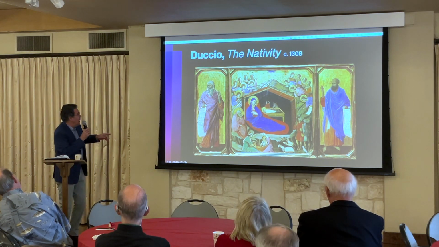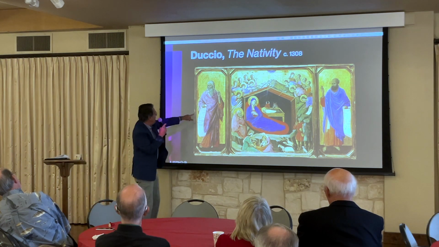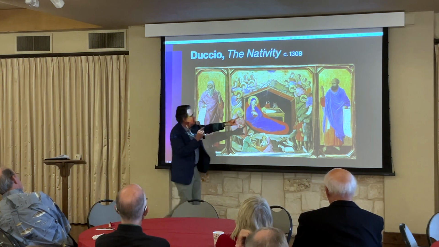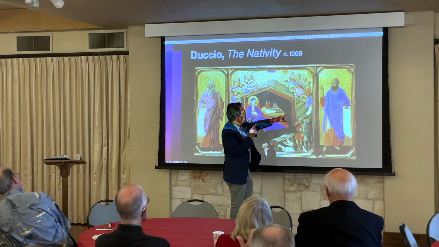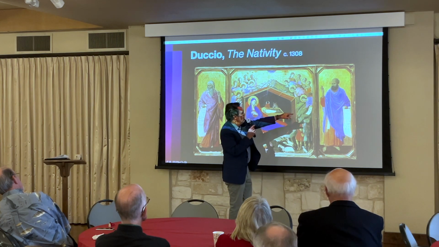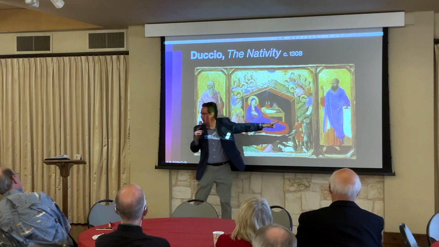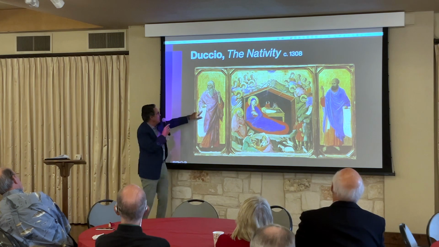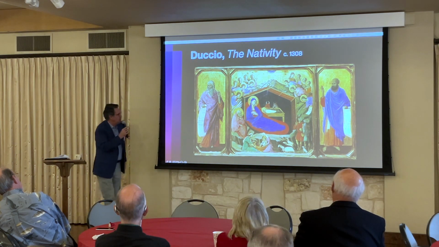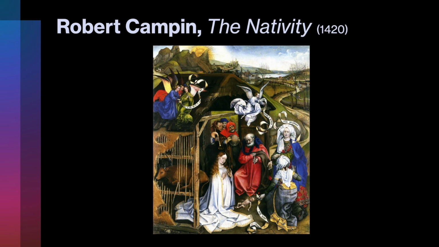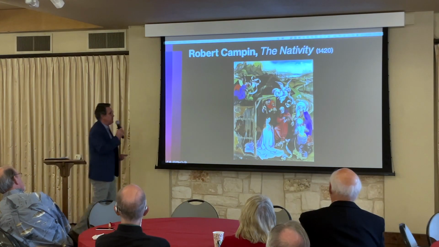That's Isaiah and I think this might be one of the gospel writers, but I can't remember off the top of my head. The one on this side is Isaiah though, with the scroll. So now this is almost 100 years further, and there's a lot of differences that have happened.